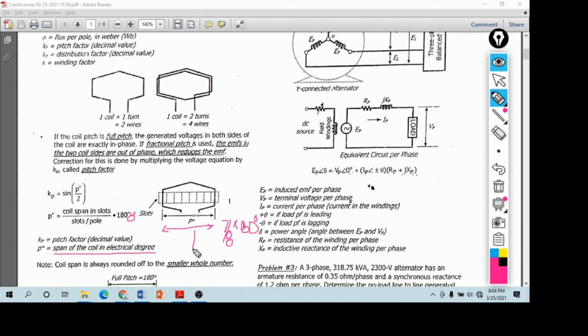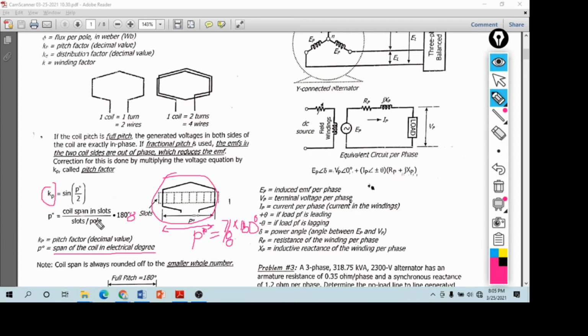That is the span of the coil in electrical degree, then divide it by 2, then take the sine, and that is the pitch factor.